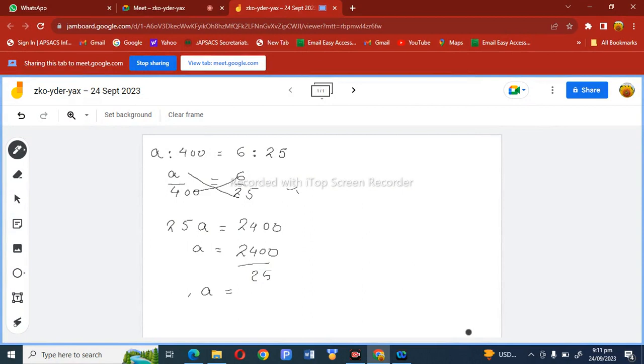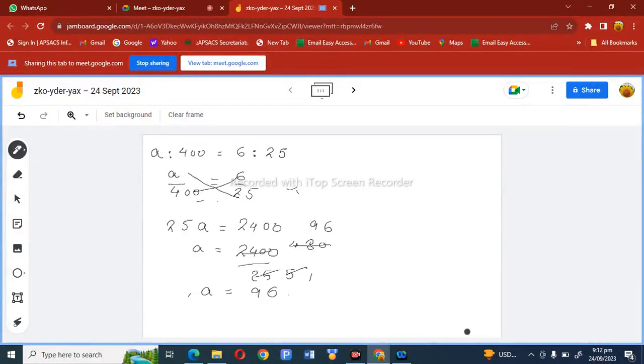We can simplify with the table of 5. 5 times 5 is 25, 5 times 4 is 20, 5 times 8 is 40 and 5 times 0 is 0. So we can again go on with 5. 5 times 1 is 5, 5 times 9 is 45, 3 is left, so 30, and 5 times 6 is 30. So the value of A is 96.